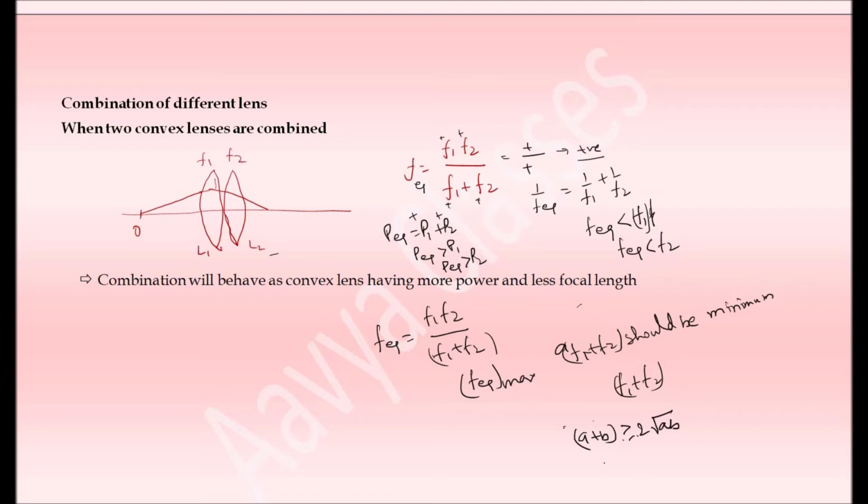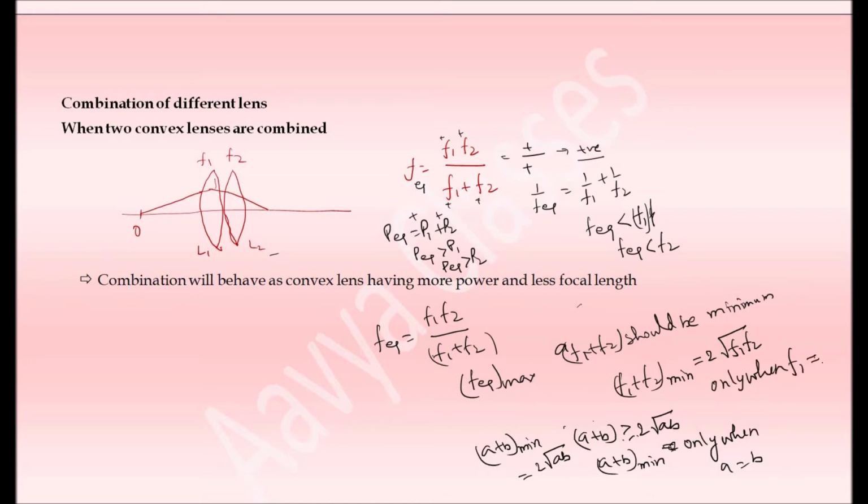That is, the minimum value of a plus b will be achieved when a is equal to b, and at that point the minimum value of a plus b is equal to twice the square root of ab. If we apply the same concept here, then the minimum value of f1 plus f2 is equal to twice the square root of f1 f2, and it is possible only when f1 is equal to f2.